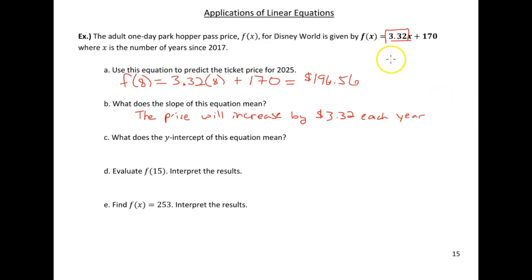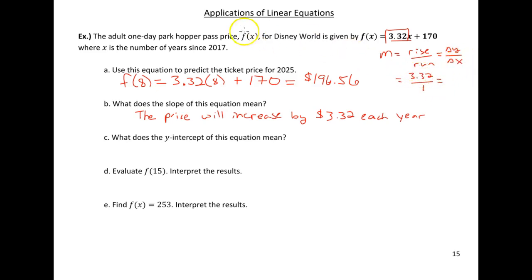And how do I know it means each year? Well, remember, slope itself is rise over run. If I put this in that form, 3.32 over 1, I want to know what each one of these things means. Rise was the change in y values, and run was the change in x values.